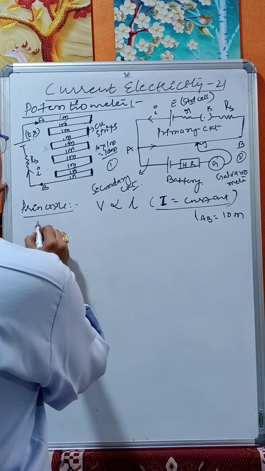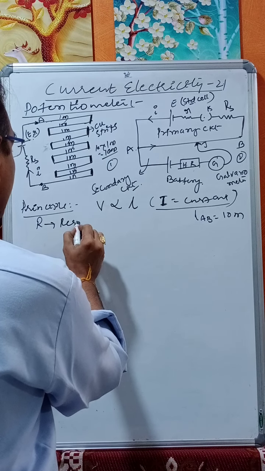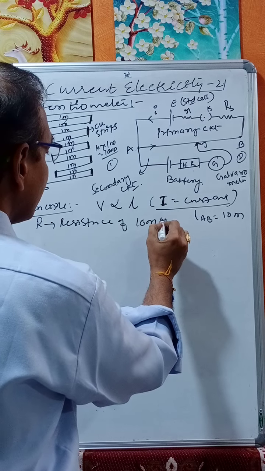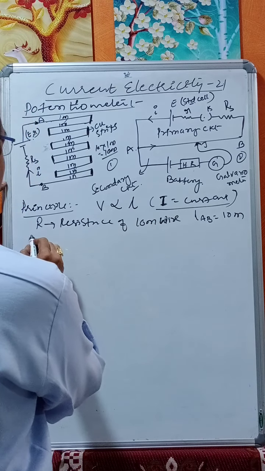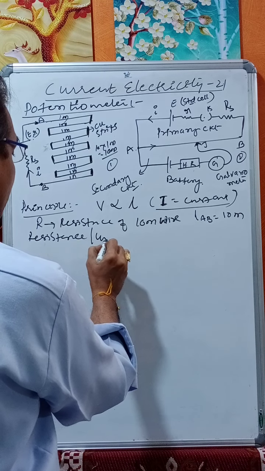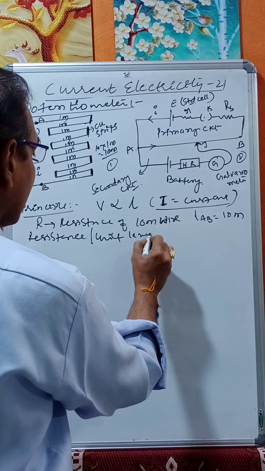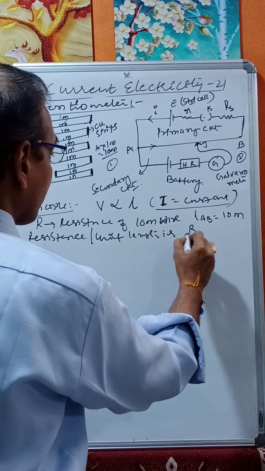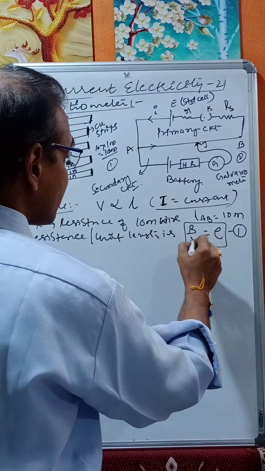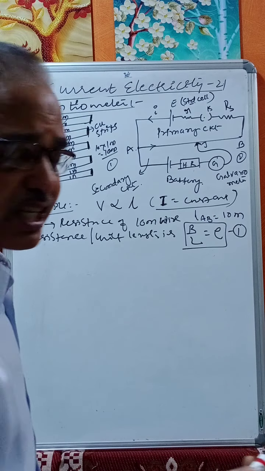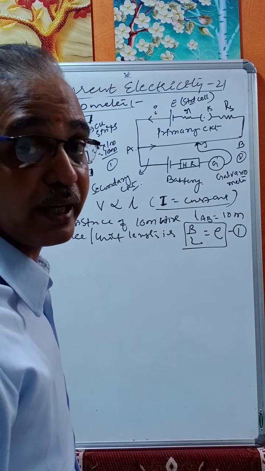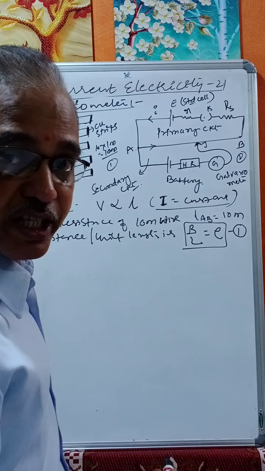Now if R is the resistance of the 10 meter wire, then the resistance per unit length is R by L, taken as rho. Equation 1. This L is generally taken as 10 meters. If it changes, then take that length as L. If you take 500 centimeters, then take L as 500 centimeters.